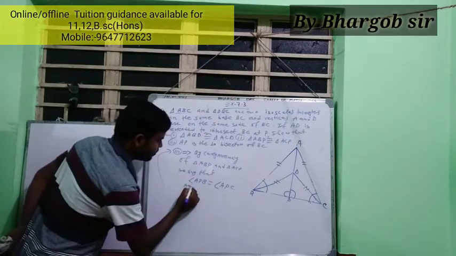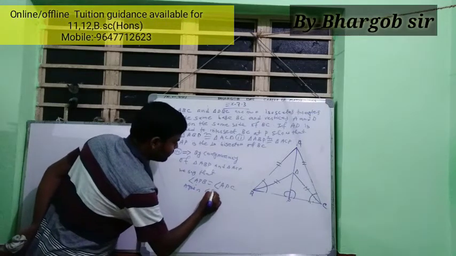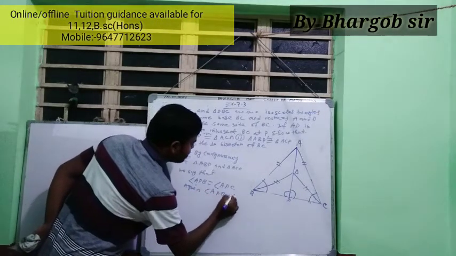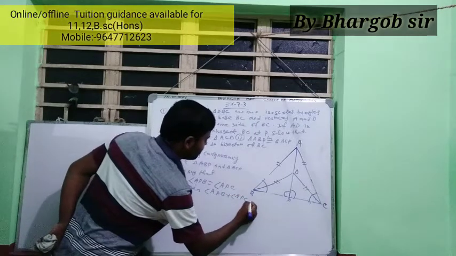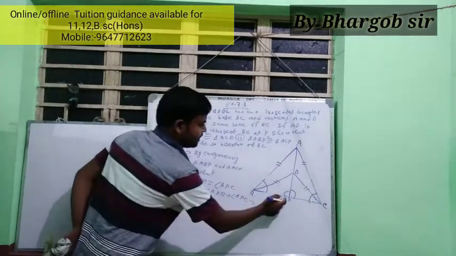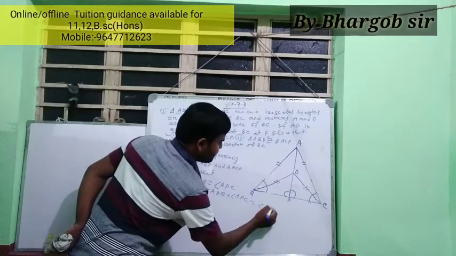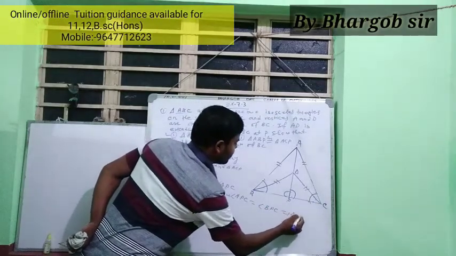Again, angle APB plus angle APC equal to angle BPC equal to 180.